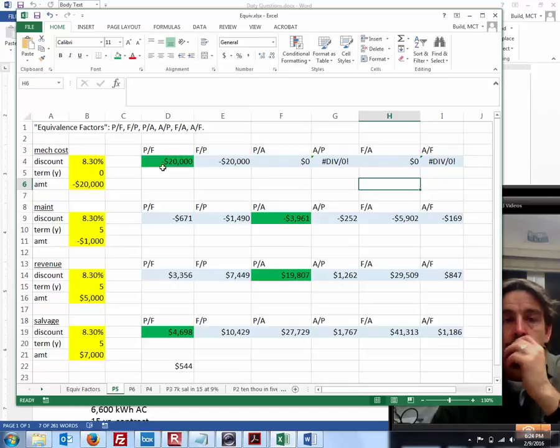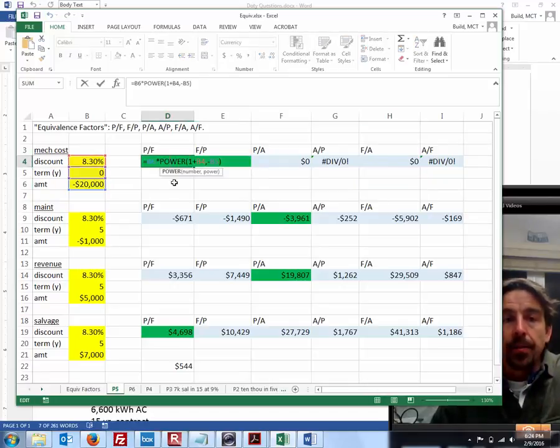So what I've done is programmed in, and sorry that's not showing up that well, but if you put in the future value and you want back the present value, it is B6, which in this case is the future value, times this power function.